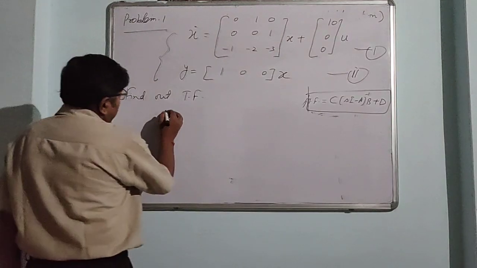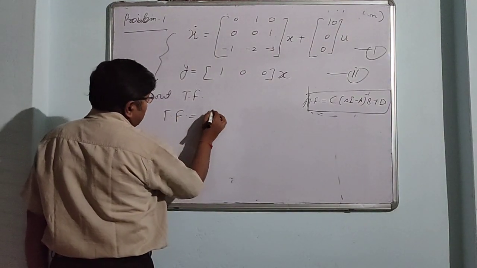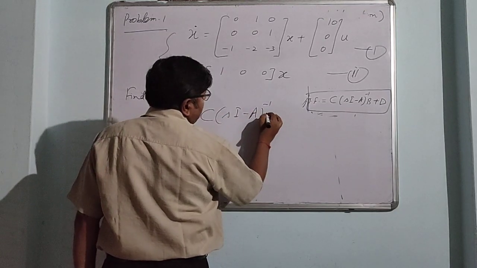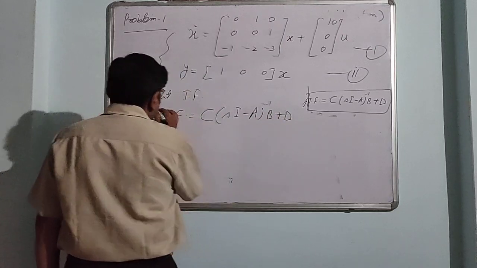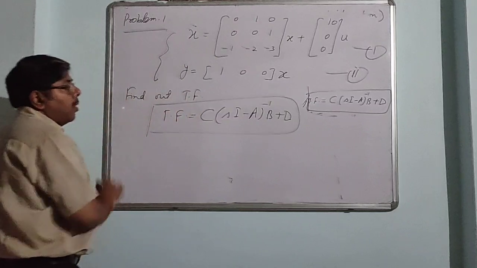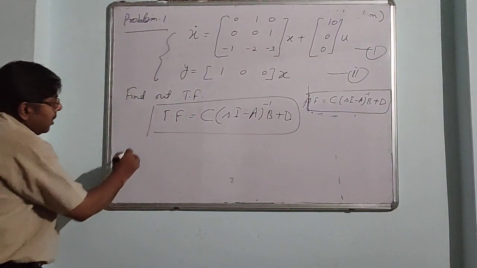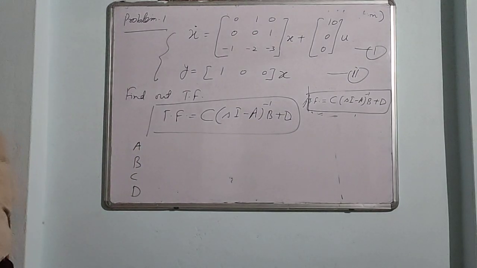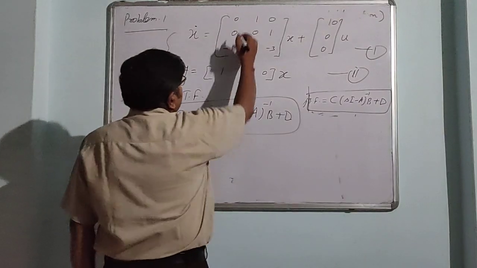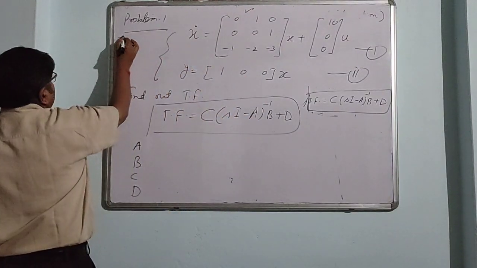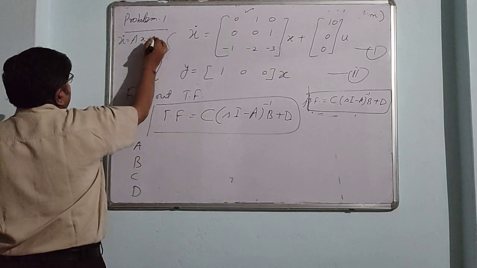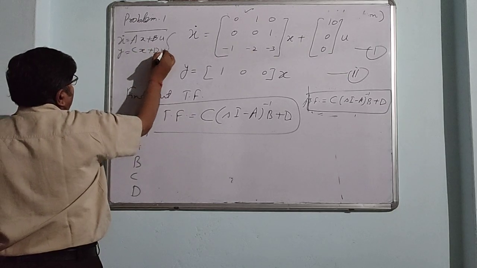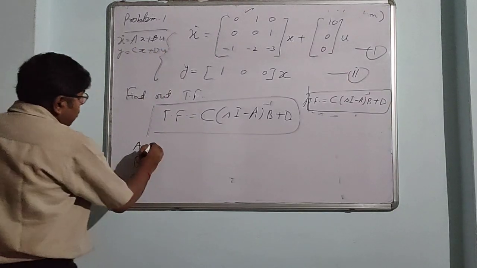So now expression of transfer function is given by this. This is the basic equation. So this is the expression for transfer function. So what is A? So first of all calculate all these matrices A, B, C, D. For this given problem, this is the A. Two basic equations by comparing you can find from these two equations what is value of A?